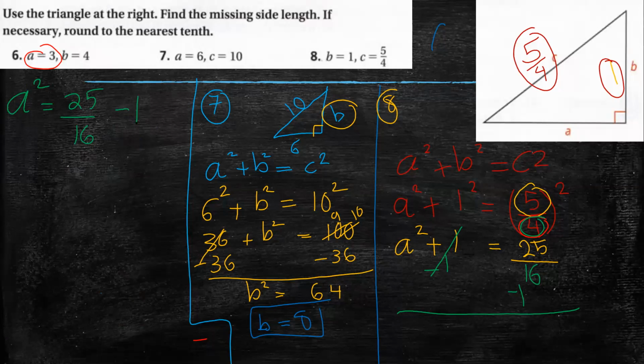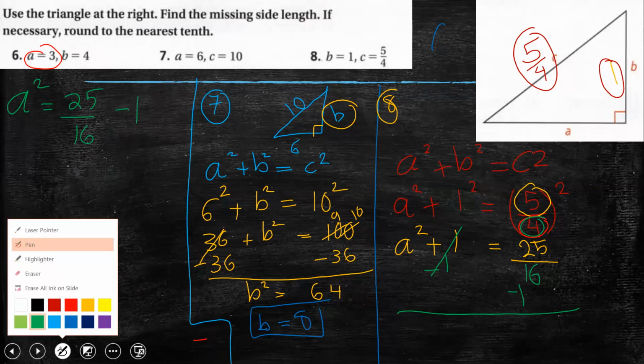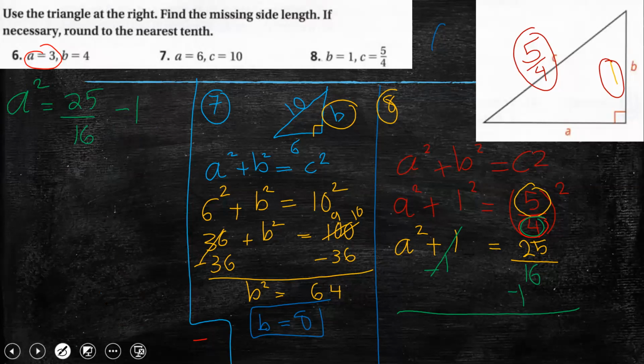I need now to subtract them as we learned in grade 6. If we have 25 over 16, this is a fraction, and I need to subtract a whole number from a fraction. I write the 1 as 1 over 1. To subtract fractions, we must have the same denominator.